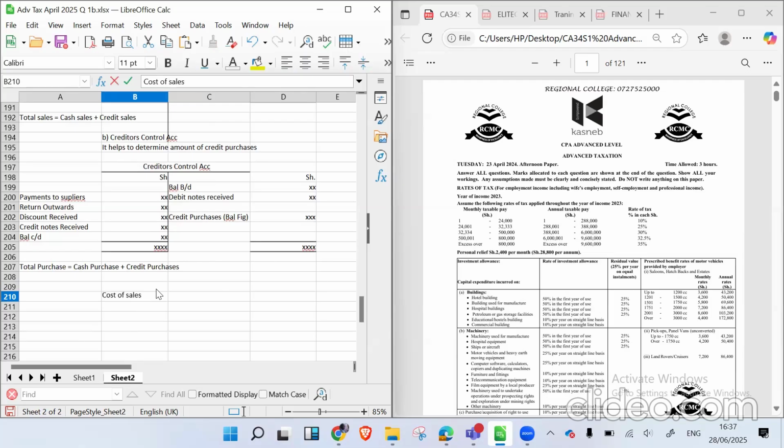Cost of sales equals opening stock, we add purchases, and we less closing stock. That's very key.